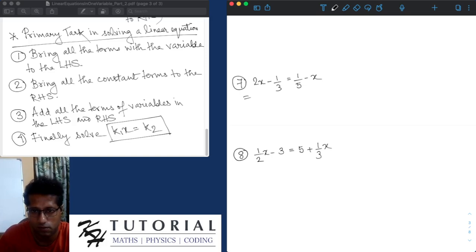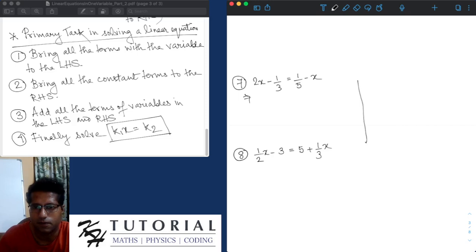So I will partition this space so that for some problems I will first solve it in the usual straight away way, and on the right hand side I will show any alternative method that could suit you, based on how comfortable you are with the addition and subtraction of fractions or decimals.